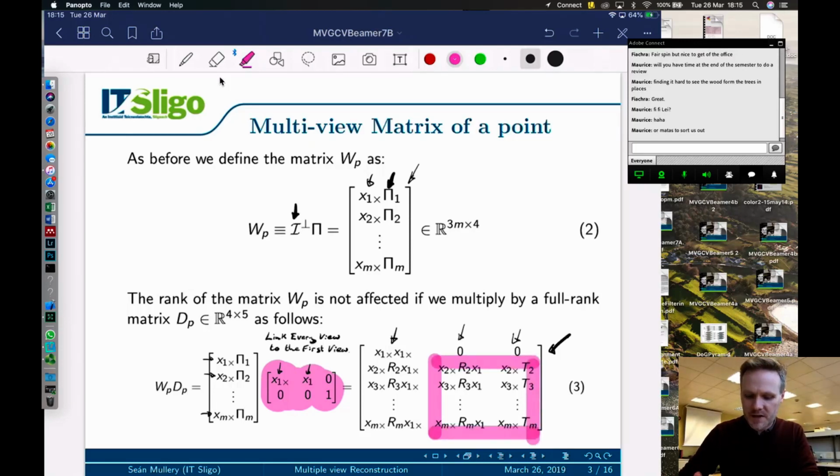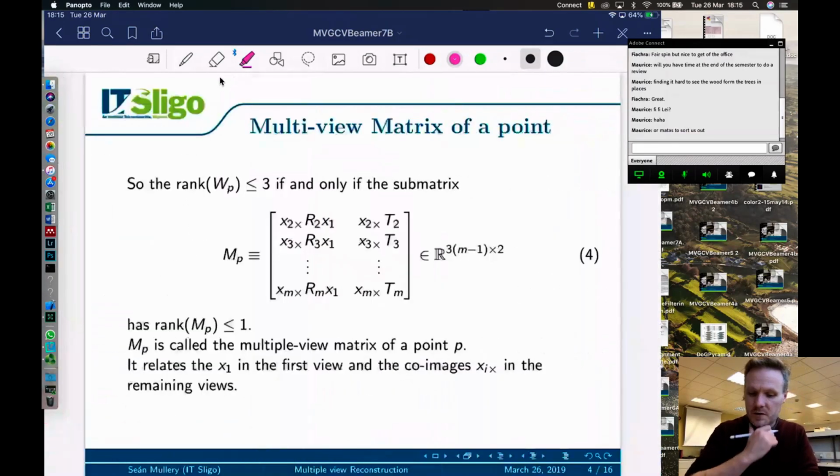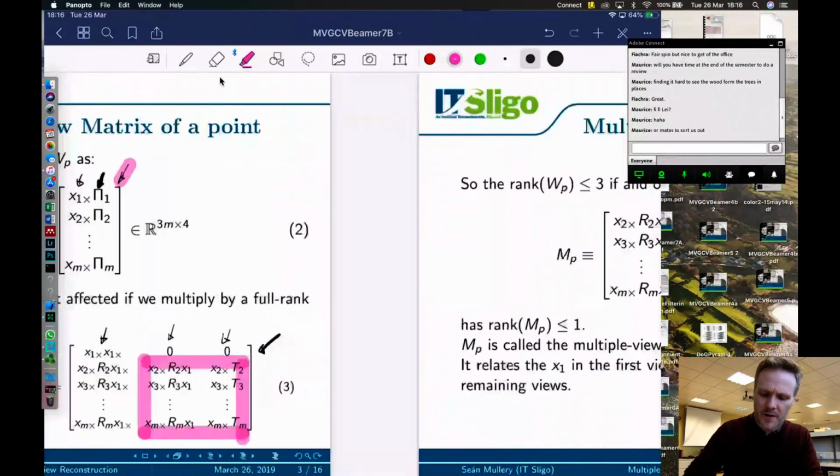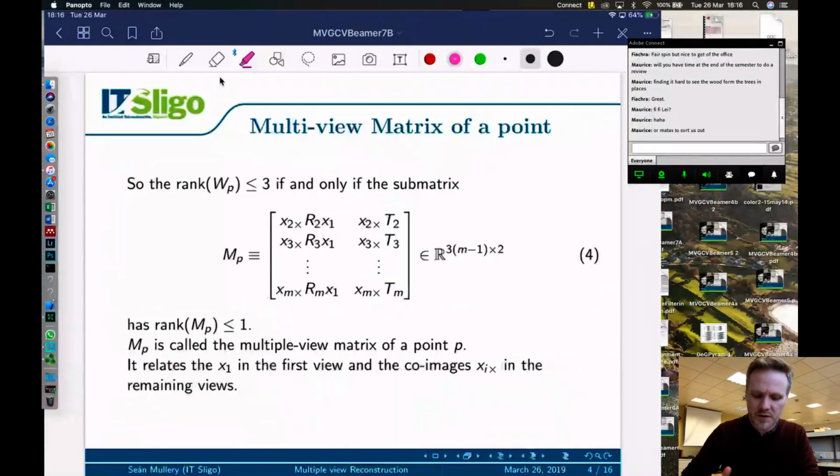One of the things we can tell about it, because of the rank constraints that we knew about, is that the rank of this matrix should be at most 1, and it may even be 0, which is not much use to us, but it's not 2, okay. And this smaller matrix is called the multi-view matrix. So it means we can ignore a lot of the other stuff that we have there, and we can just work with this multi-view matrix.